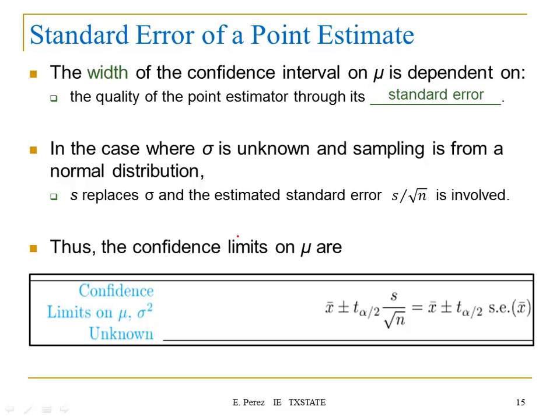And the estimated standard error can be computed using this. Thus, the confidence limits on mu are here. So again, this is the same confidence interval that you saw earlier. The only thing that we are doing is removing this expression and calling it the standard error of the estimator.